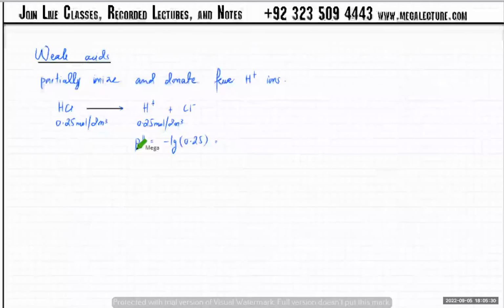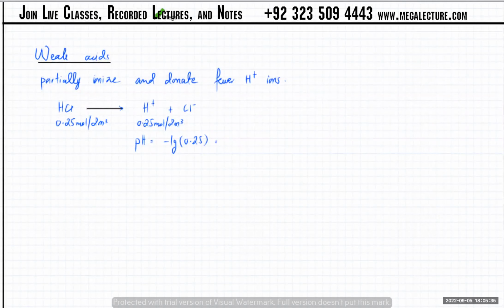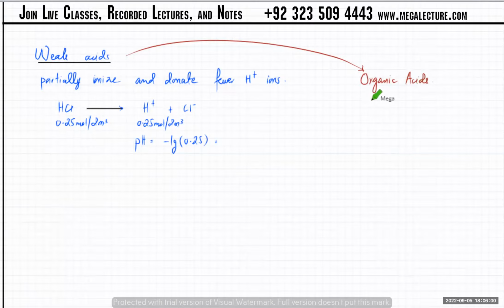But when you have a weak acid, who are your weak acids? There are 2-3 types of weak acids. You've got organic acids, mostly. In organic chemistry later on, you'll study 3 organic acids, such as carboxylic acids. All organic acids are kind of weak acids.